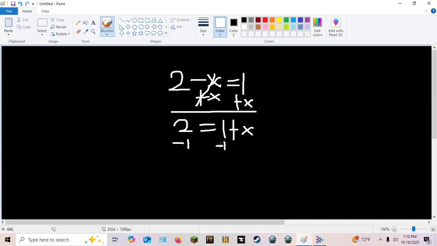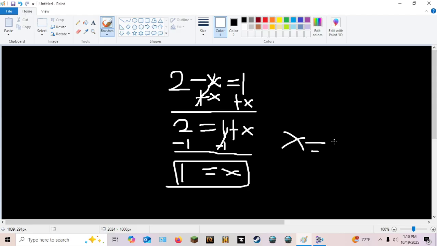Okay? Now, 1 and negative 1 cancel, giving us 0 or nothing. 2 minus 1 is 1. Draw a straight line again. And then 1 is equal to x. Or you can read it as x is equal to 1 also.